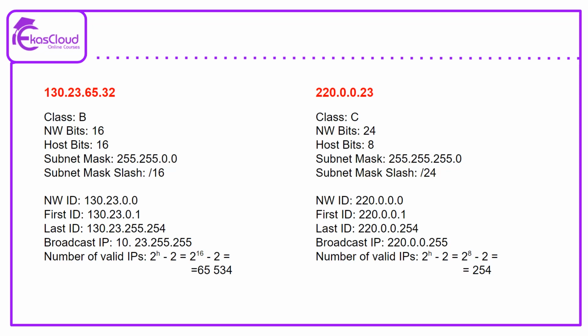The network ID will be 220.0.0.0, the first ID is 220.0.0.1, the last ID 220.0.0.254, and the broadcast IP 220.0.0.255, which gives me 254 valid IP addresses for the class C network.